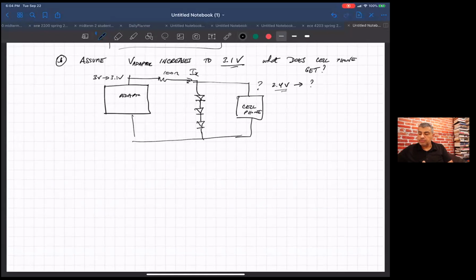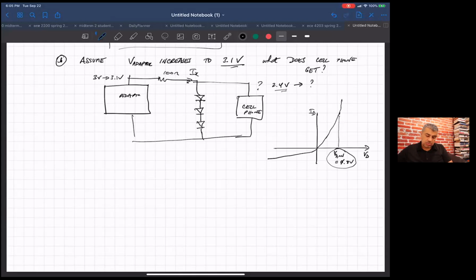So the first thing you do is you say, I've got this characteristic: even if my current changes quite a bit, so I'm out here, I was on VD on of 0.8 volts, this VD on doesn't change a whole lot.